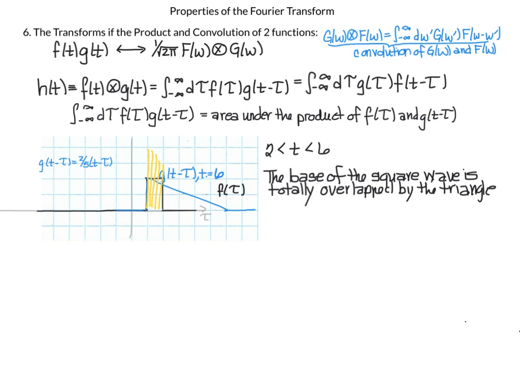And the reason why it's maximum, remember I told you h of t in some ways is a measure of overlap. And so what that means is we're comparing our g of t, shifting it over to see when it looks most like this square wave and most in phase with this square wave.